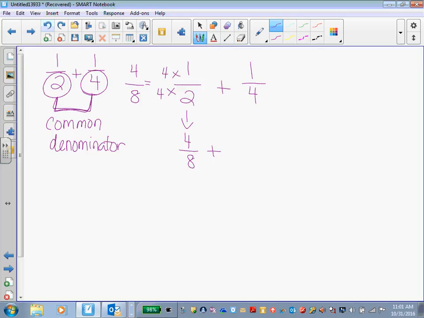And then 1/4 I'm going to multiply by the other denominator of 2. I multiply the denominator by 2, so I need to multiply the numerator by 2. 1 times 2 is? 4 times 2 is? 8. So 1/4 is equivalent to 2/8.